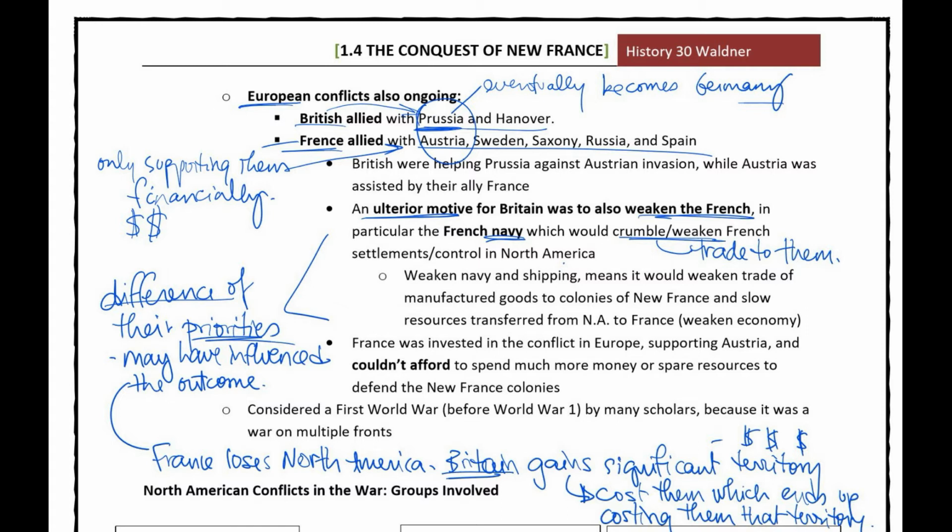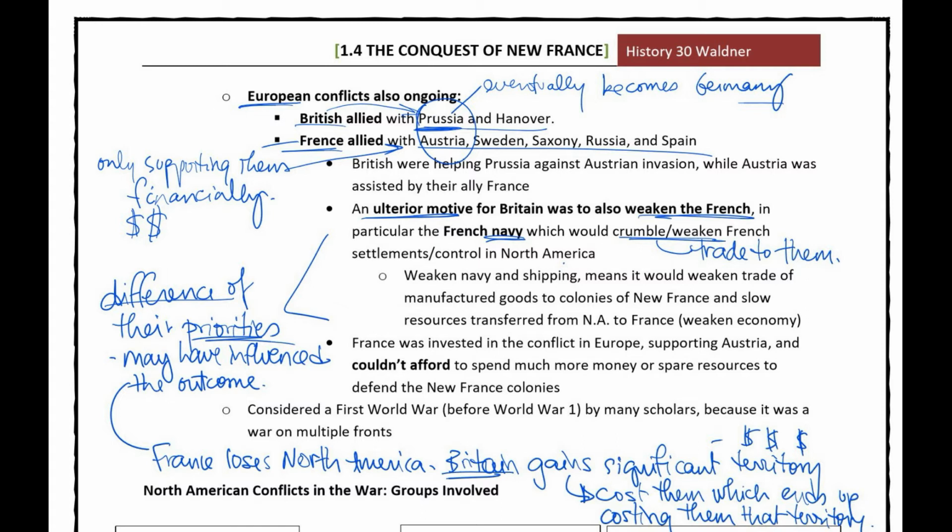The French lost North America in part because they had set their priorities someplace else, and part of it here was in Europe. The other part of the British assisting Prussia, or future Germany, is that they had an ulterior motive in that battle. Seeming as an ally for Prussia, their other gain was that they wanted to weaken the French, in particular the French Navy.